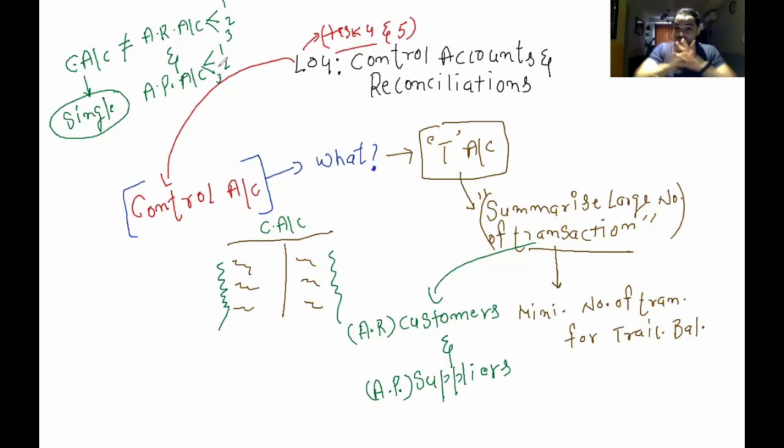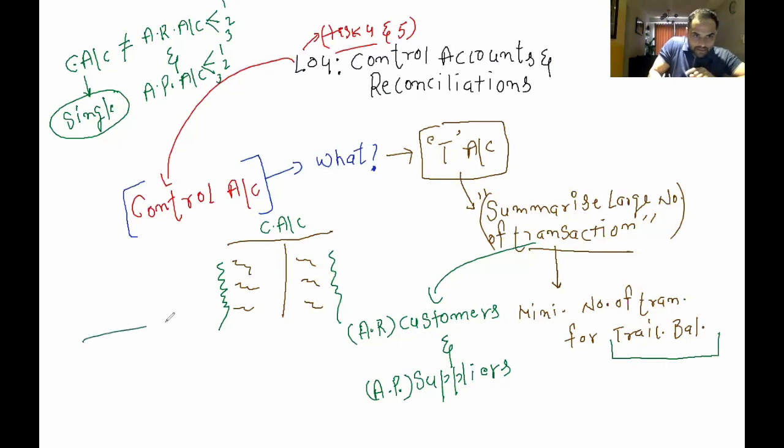Of course, it's different from cash, but it gives us future cash flows, future inflow from receivables or future outflow from payables. That's the reason we are preparing our control account, minimizing the number of transactions. If we summarize in one account, it's easier for us to prepare the trial balance. It's very easy, all right?